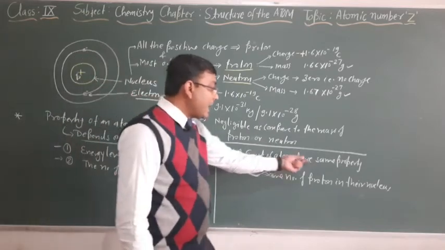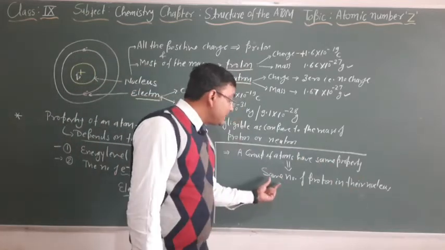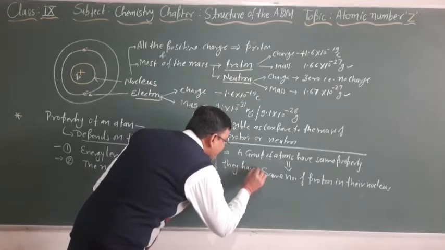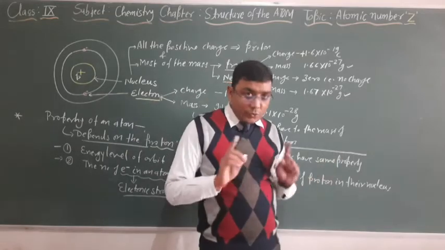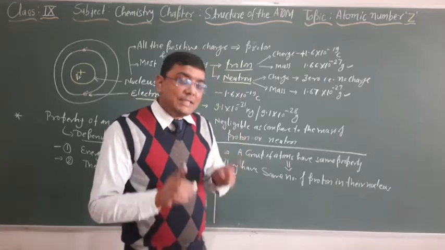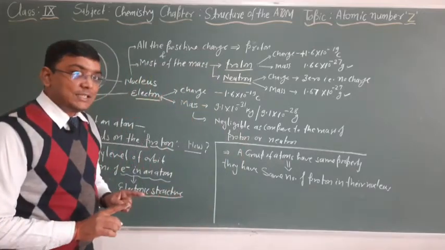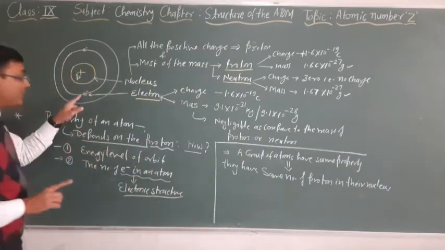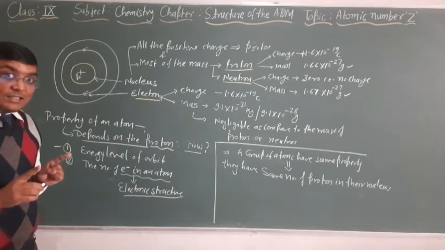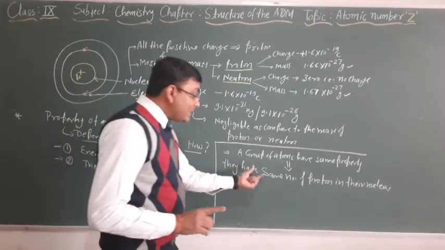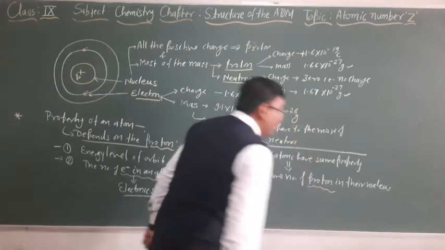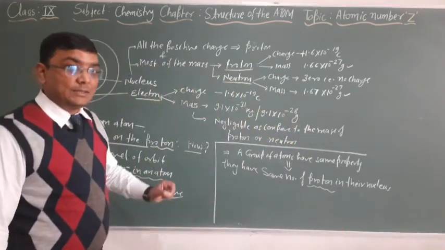A group of atoms have the same property, which means they have the same number of protons in their nucleus. Is it clear? Those atoms having the same number of protons must have the same number of electrons in their energy levels. So that's why we consider the number of protons to be the atomic number.